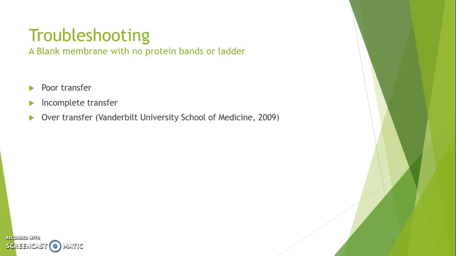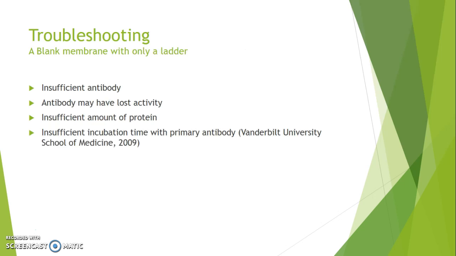Also, to optimize the transfer time and reduce the voltage used. For troubleshooting a blank membrane with only a ladder, it may be necessary to increase the concentration of antibody, to ensure that the antibody hasn't expired, to increase the amount of protein used, and to confirm the host species.